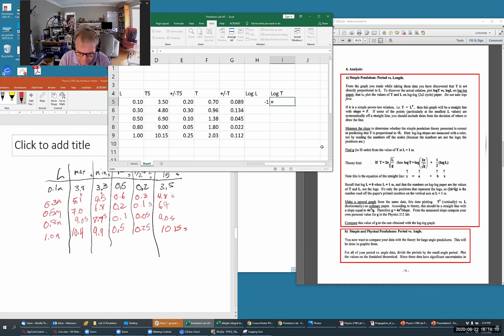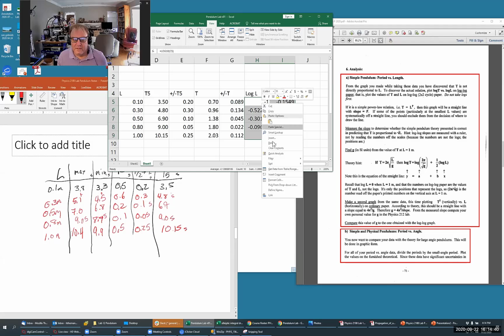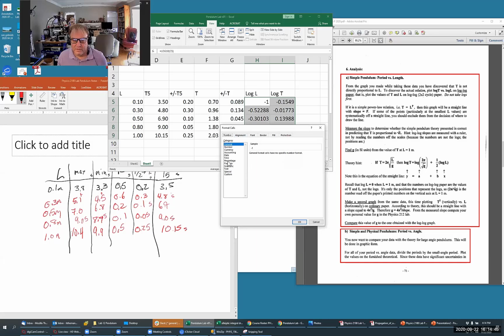Equals log 10 of this. Oh, what happened? I forgot the open parentheses, I think. Equals log 10 of that. And then we can fill it in. And the standard for logarithms is 4 decimal places. Number.